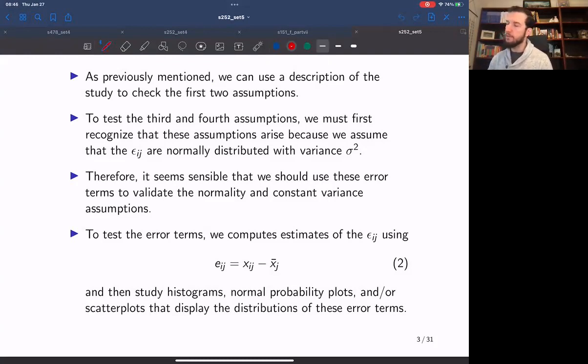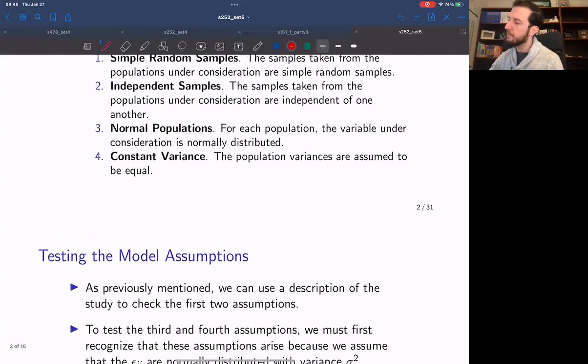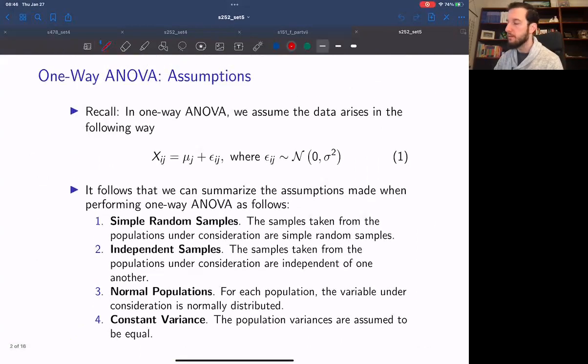All right, now a residual is an estimate of the error. So you'll recall from equation 1, our error terms, the epsilon ij, represent our normally distributed random variable with mean 0 and variance sigma squared.